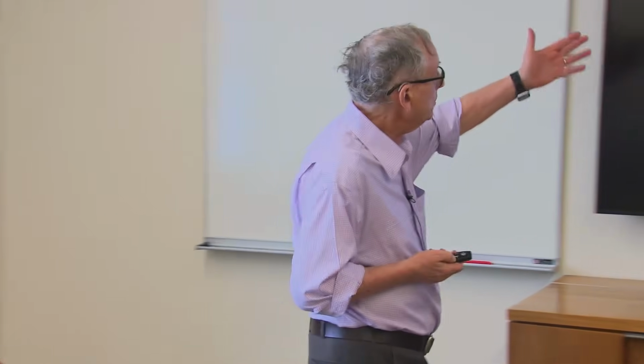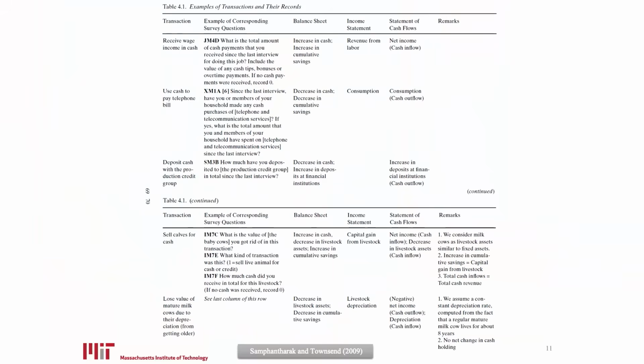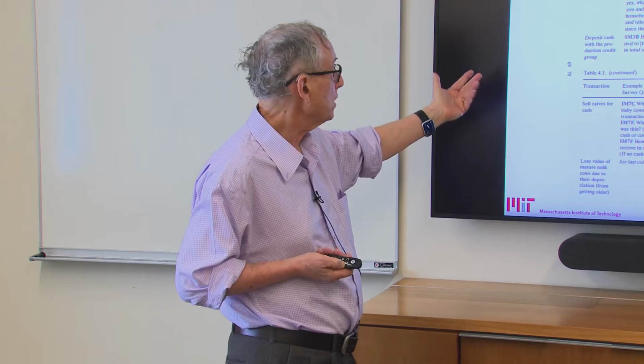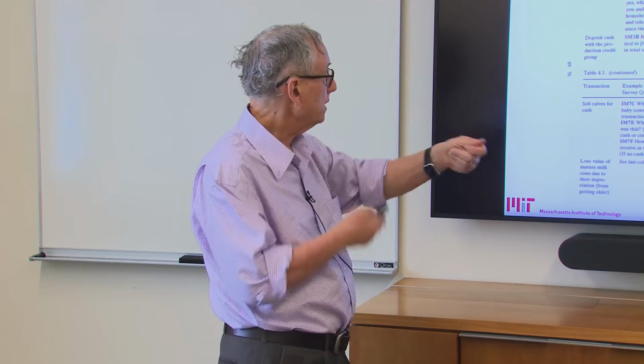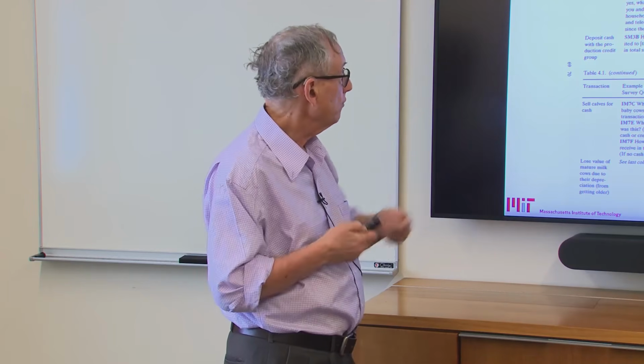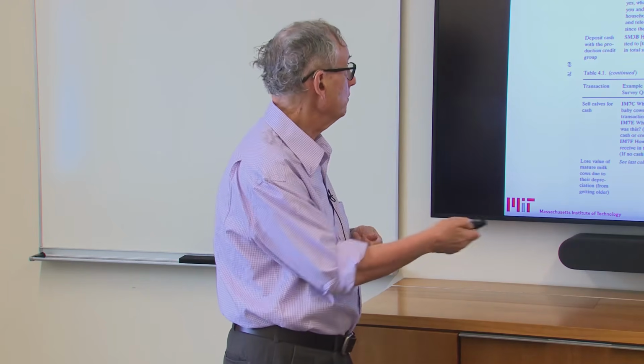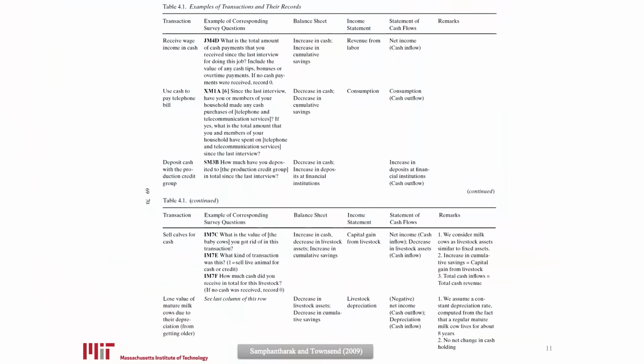Then you have cash used to pay a telephone bill, which is outgoing, a decrease, used for consumption. It's a cash outflow. You could deposit cash in a production credit group. That's like getting rid of your cash and getting an equivalent credit in value, so you're swapping assets. No implication for the income statement.